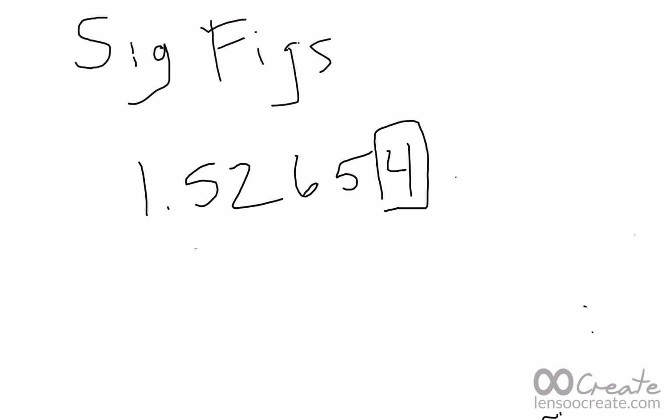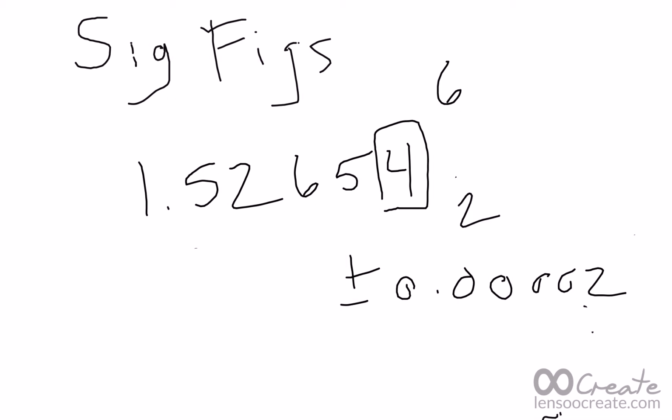And so maybe I consult the manual and it says 0.00002 plus or minus. And that's the range of the calibration for that. So I'm talking about this last digit could be up to a 6 or down to a 2.